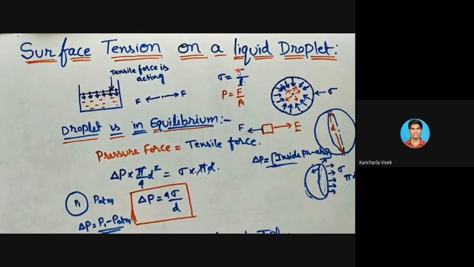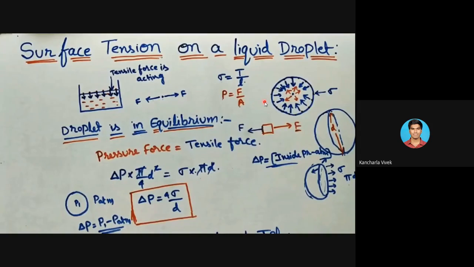So here F should be equal to T. So what will T become here? Sigma into L, obviously. What is your L? Your L is the outer circumference, because the tensile force is acting on the outer circumference. So obviously it is pi into the outer diameter. And F, what will F become here? P into area.